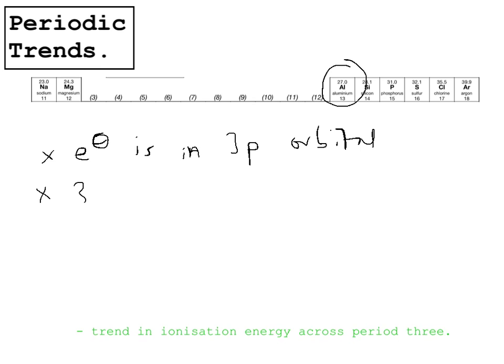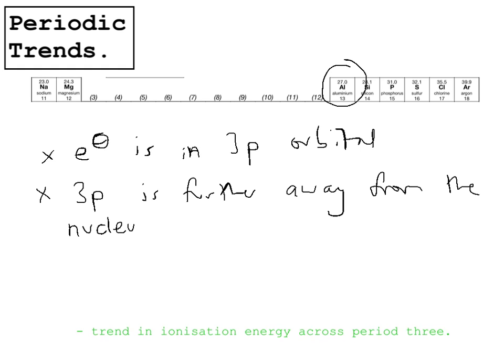So we'd say 3p is further away from the nucleus than the 3s, which is where the actual electron is in magnesium.